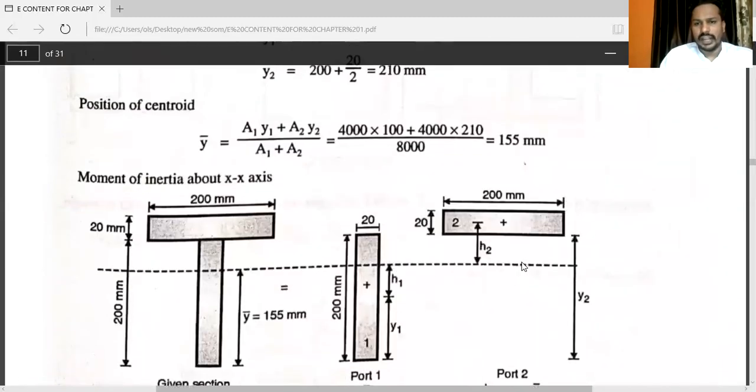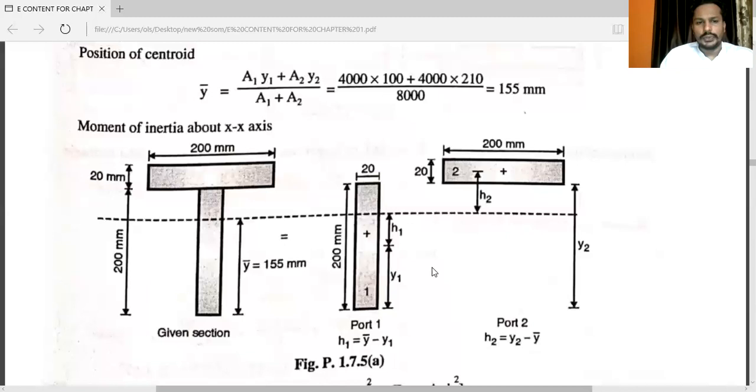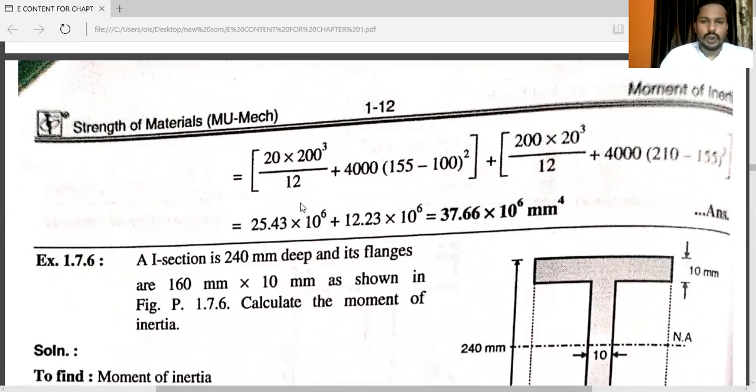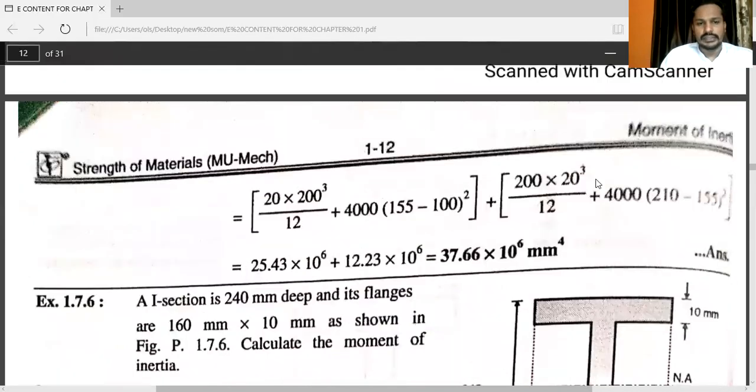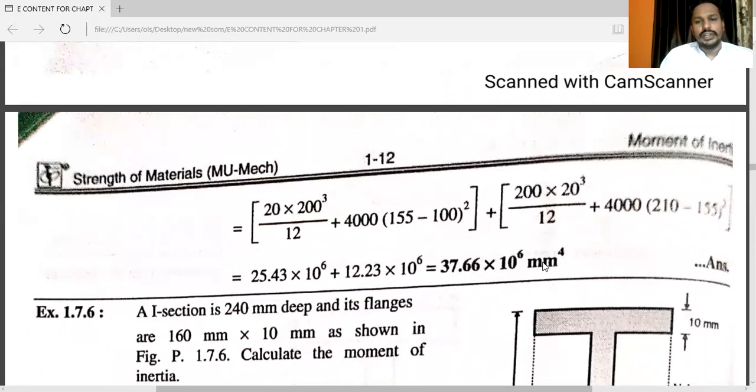Similarly for H2, Y2 minus Y bar gives you the distance H2. Once you put all the values in the formula, you will get the answer 33.66 into 10 raised to 6 mm raised to 4.